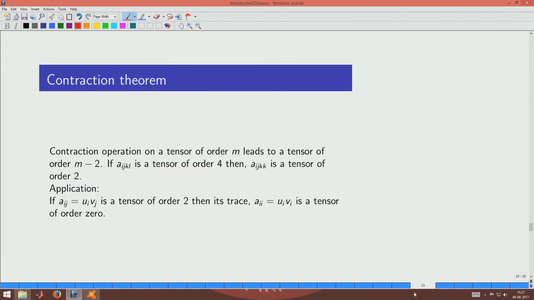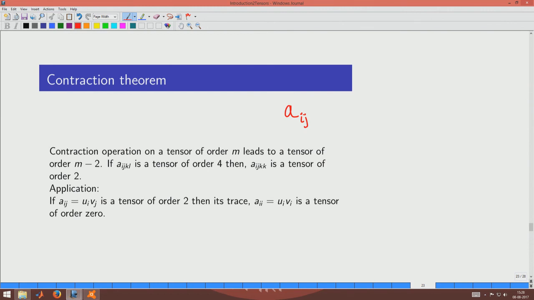Now, the contraction theorem is one theorem that is also useful to assume that some proofs are not required. What the contraction theorem says is as follows: whenever there are a certain number of indices for a tensor, if you repeat any of the indices, then you are doing a contraction operation. So, let us say you have taken a tensor of order 2, a_ij.